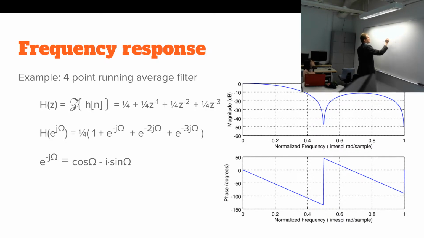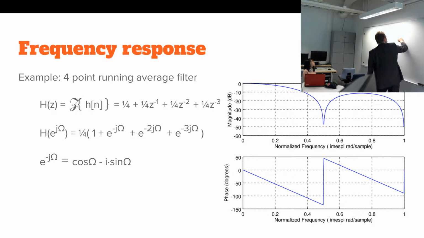It has zeros on those places and poles at the origin, and then for some reason we have on this frequency response, or actually no, amplitude response. Does it say magnitude response? Yes, magnitude.